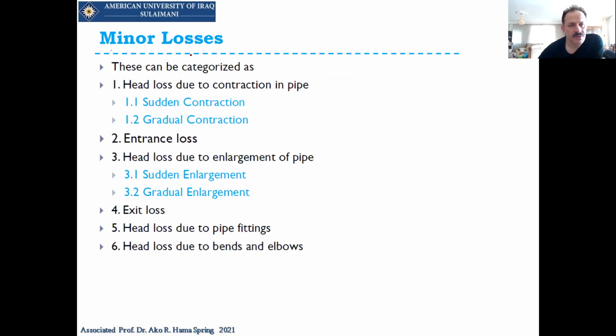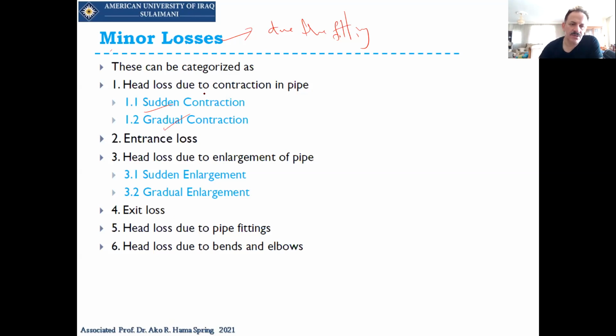The minor losses are due to the fittings. The fittings are the apparatus, devices, or links used to connect the pipes. For example, we have sudden contraction or gradual contraction.